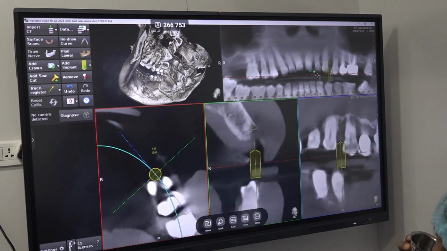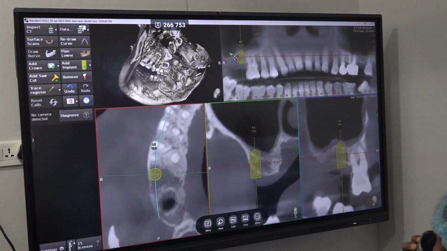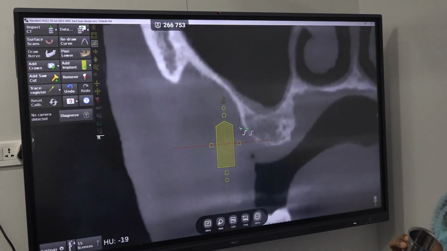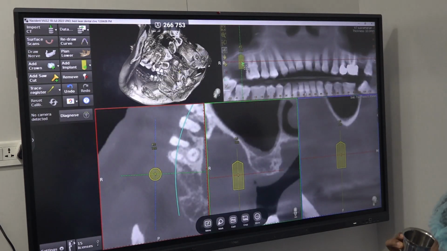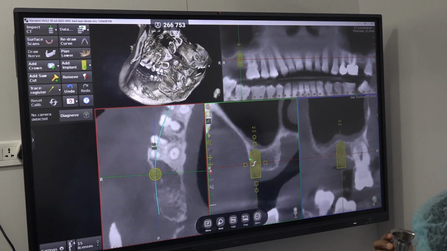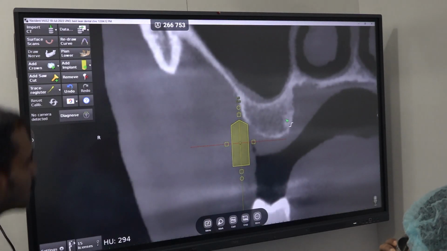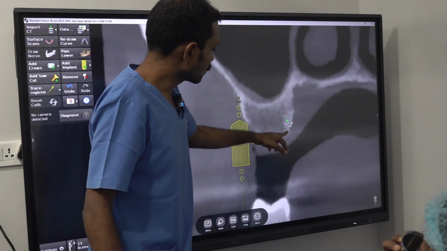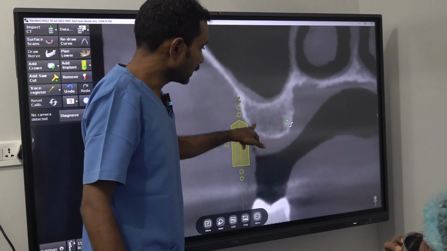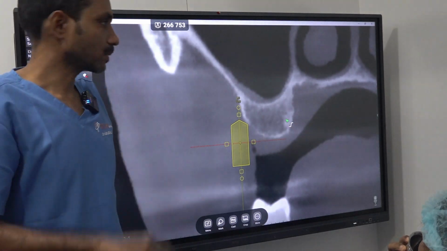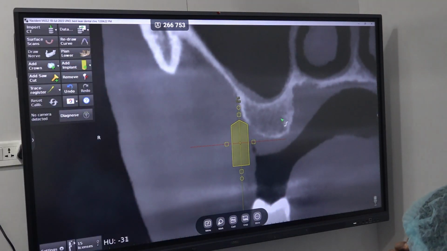So now we will start with distal to 7. Sinus floor, crestal bone thin, very cancellous bone. You can place a wider diameter, shorter compressive, maybe 8 or 10.